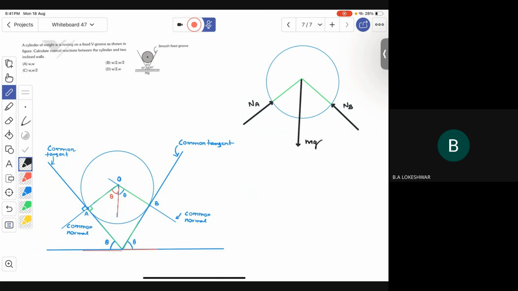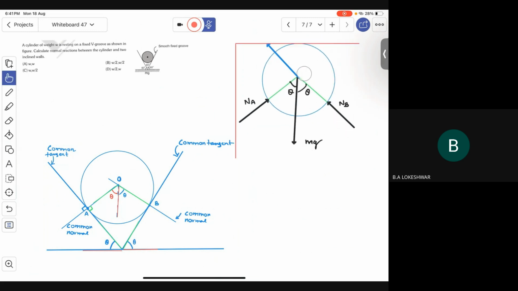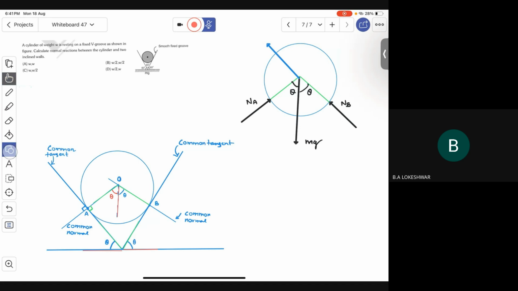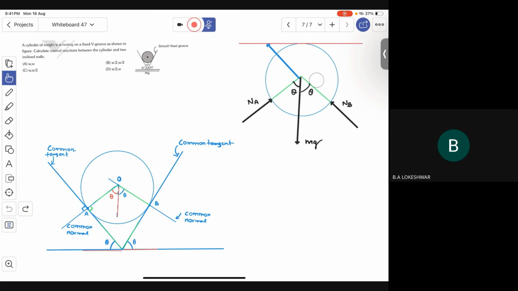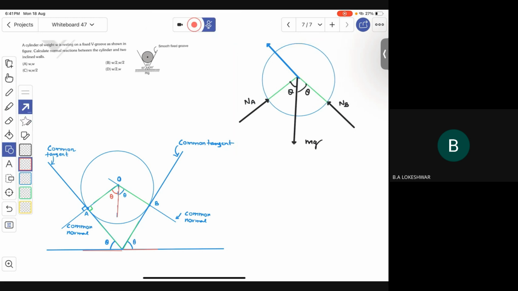So this angle we know is theta, and this angle we know is theta. If I shift these arrows parallel to themselves, it's not going to be any issue. Suppose I draw NB here and NA here.